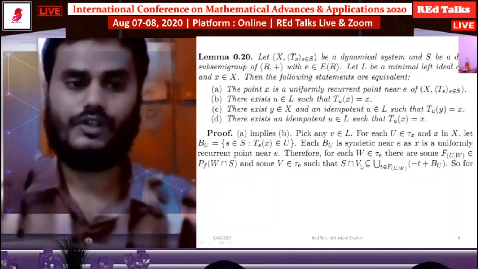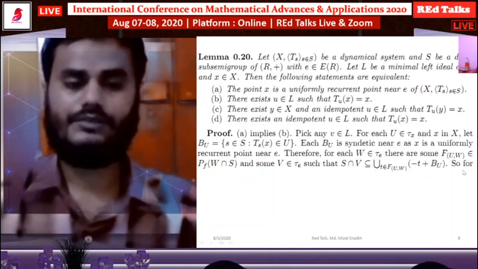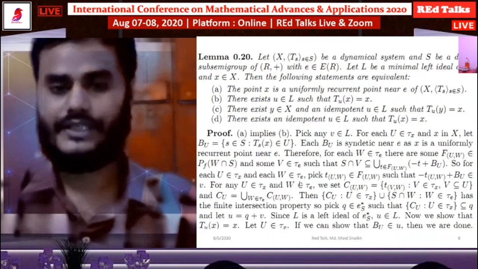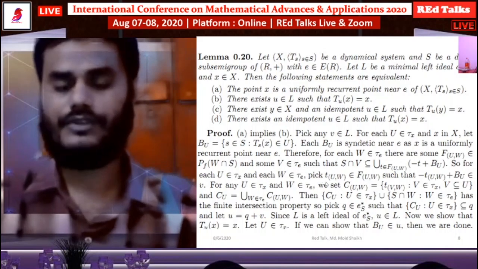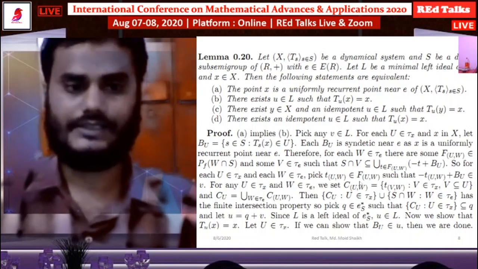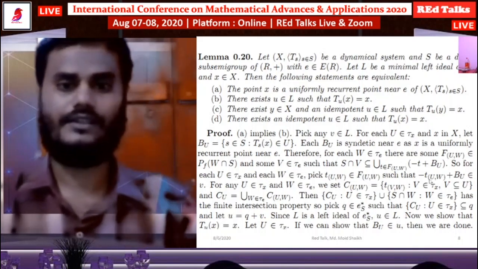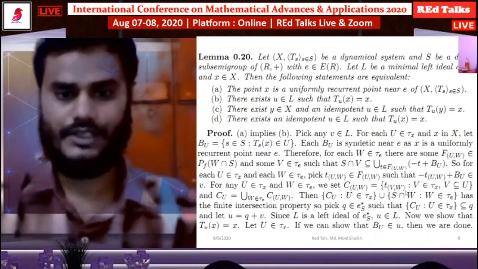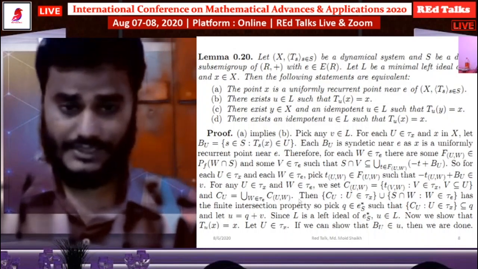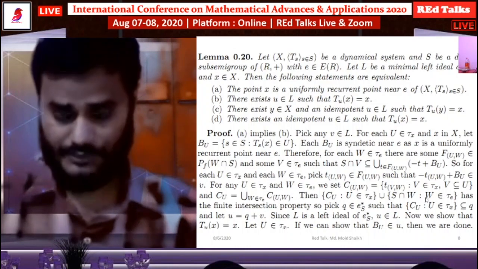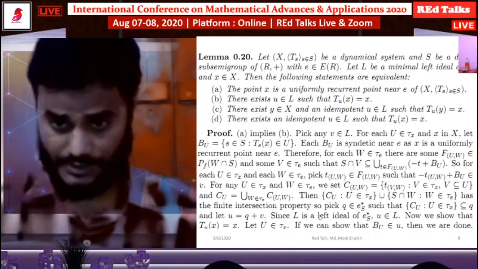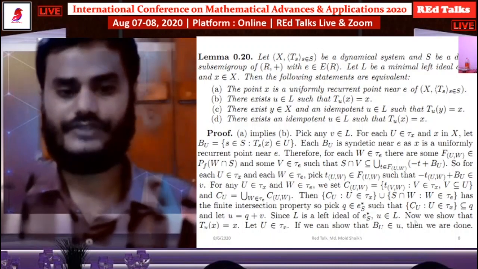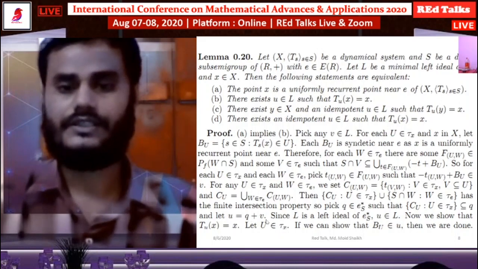We have, so for each U belongs to tau X and each W belongs to tau E, we pick T_UW belongs to F_UW such that this, and we set C_UW this, and C_U is equal to this. Then this set has the finite intersection property. So pick q belongs to star such that C_U, U belongs to tau X, is a subset of q, and we take u is equal to q plus v. Since L is a left ideal of E star S, then u belongs to L.